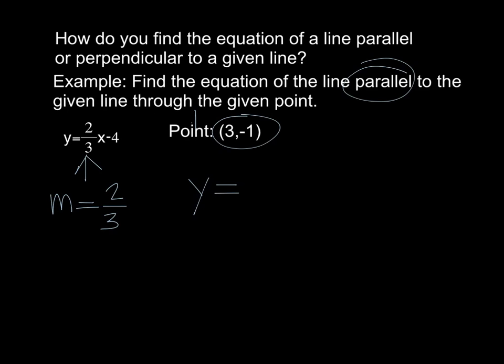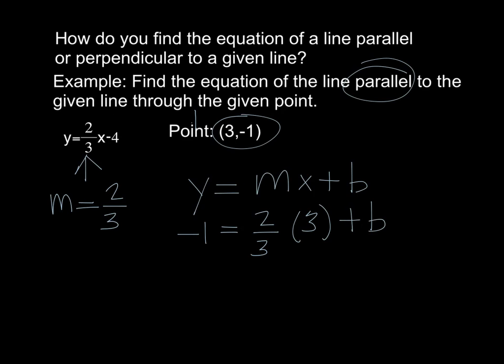We'll start with y equals mx plus b. We'll plug in everything we know. So in place of y, we'll put -1. In our slope, we'll put 2/3. For x, we'll put 3. And you'll notice very nice things happen in this particular one because the 3's will cancel.